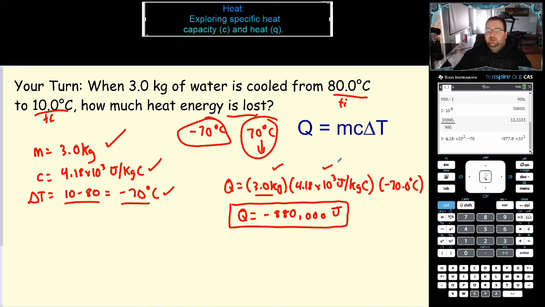Now you just plug these numbers into your formula, and you solve it, and you will get a negative 878,000. But again, we're going to be rounding to 2 significant figures, so that would be negative 880,000 joules.